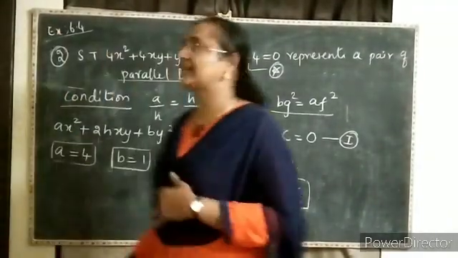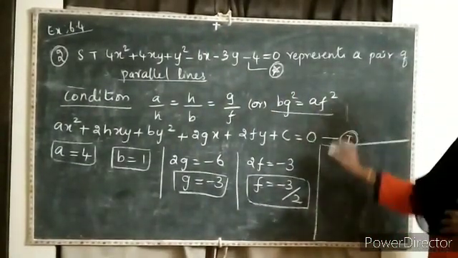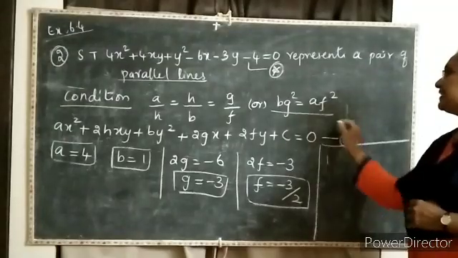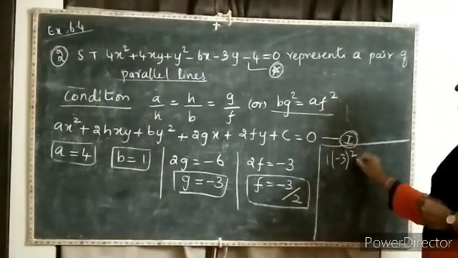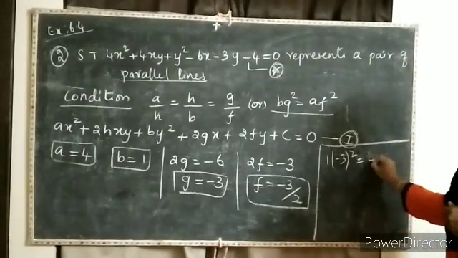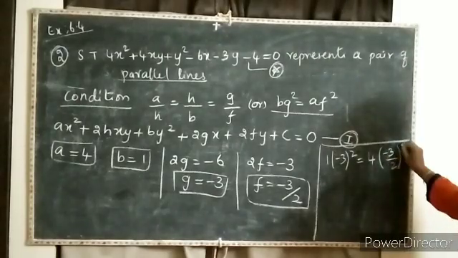Now I am going to check whether this condition is satisfied or not. Now b value is 1, g squared. What is g squared? Minus 3 the whole squared, equal to a value is what? 4. What is f value? Minus 3 divided by 2 the whole squared.